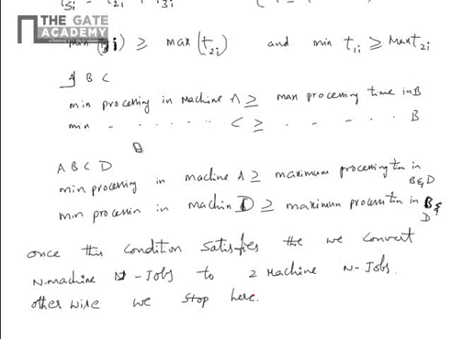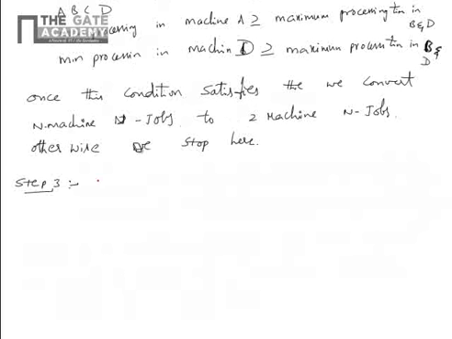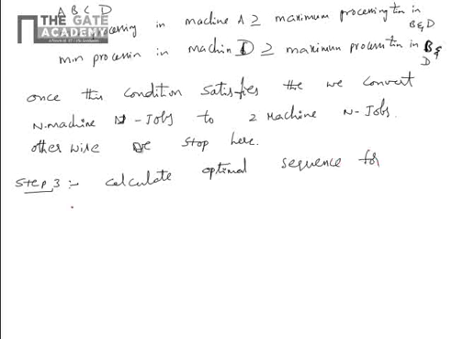So after completion of this, once after converting the n jobs to two machines, then step 3 is calculate the optimal sequence for the two machines and n jobs problem.